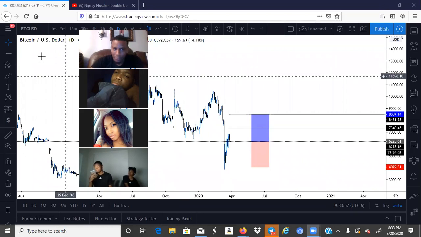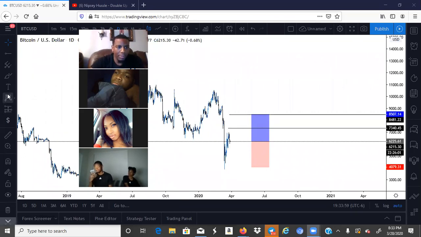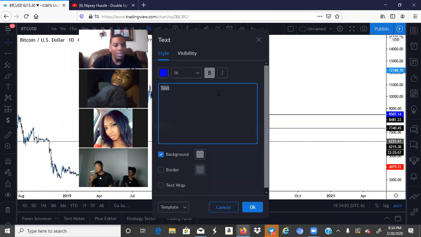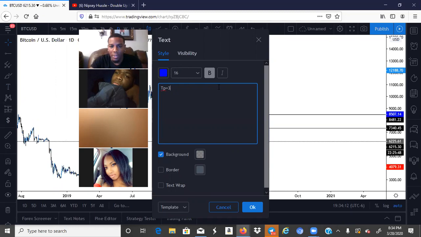So for example, let me write it. Let me give you guys a visual. Let's say TP1 hit. Somebody's TP hit at 30 pips times 0.05, because they used a 0.05, right?